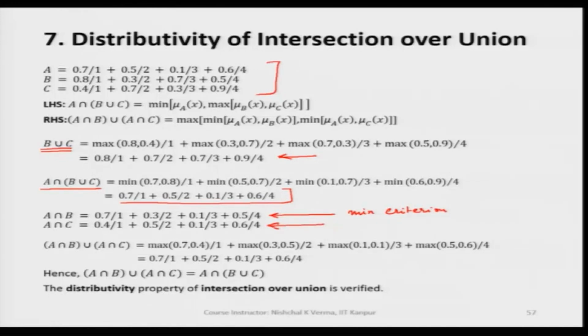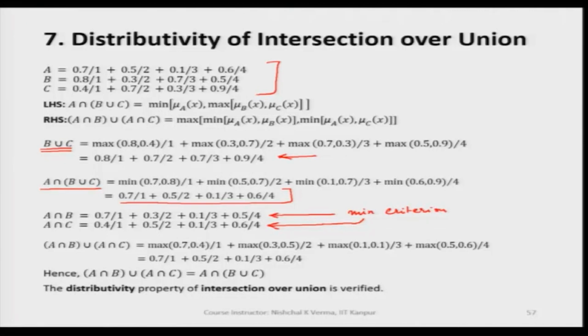A intersection C, after applying the min criteria, gives 0.4/1 + 0.5/2 + 0.1/3 + 0.6/4. So, we have found the intersections and have two discrete fuzzy sets, A intersection B and A intersection C.